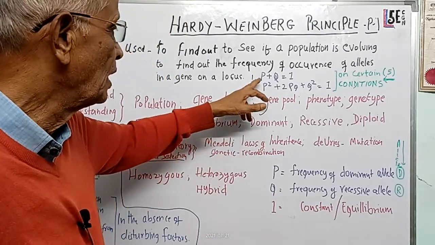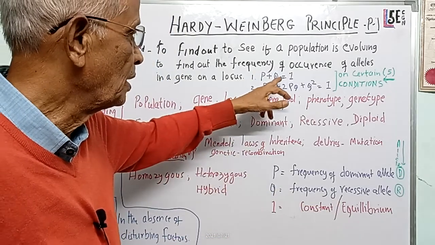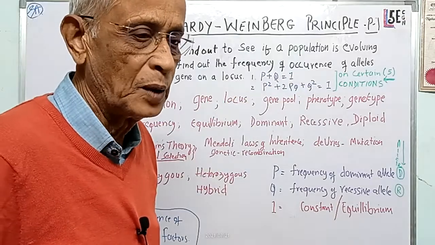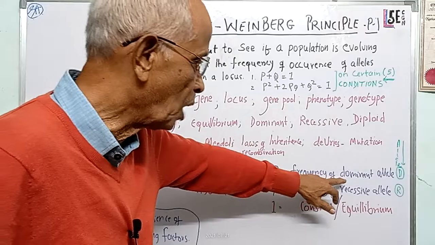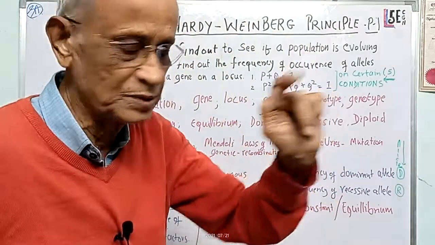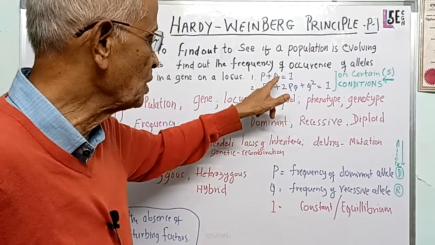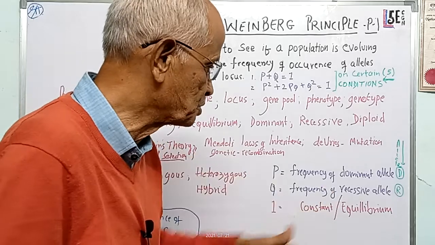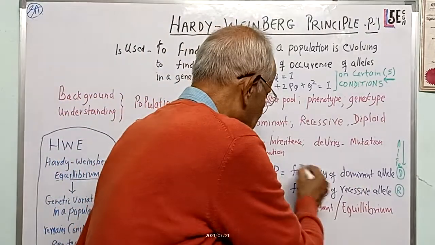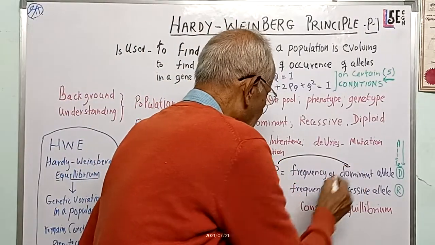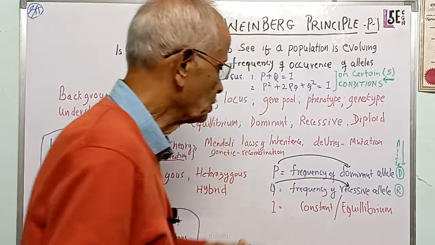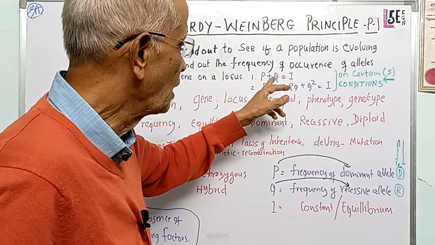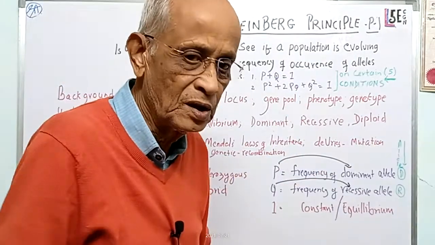The first one is p plus q equals 1. Here p refers to a particular dominant allele, one of the alleles, and q refers to another allele, the recessive allele. So p refers to the dominant allele and q refers to the recessive allele. So these 2 will be constant.